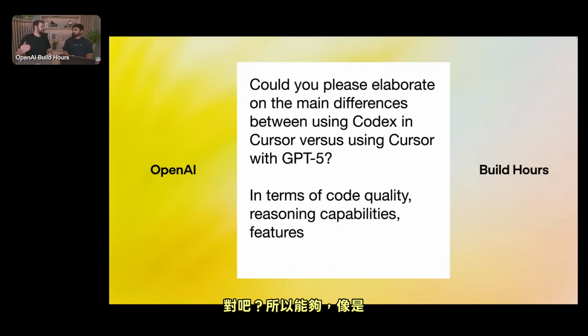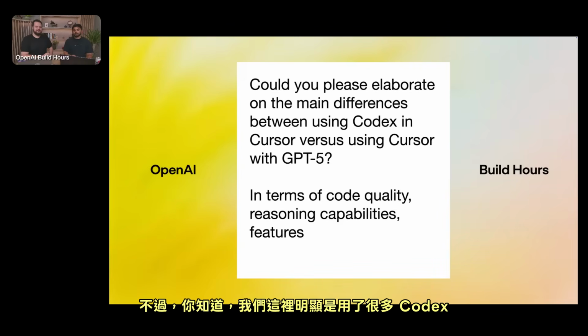Being able to pull down your changes, kick off tasks, and constantly switch between local and cloud environment is probably the biggest aspect of it. Yeah, for sure. Use both, pick the one that works best for you. There's obviously a lot of power in both approaches, but obviously we're using a lot of Codex here.